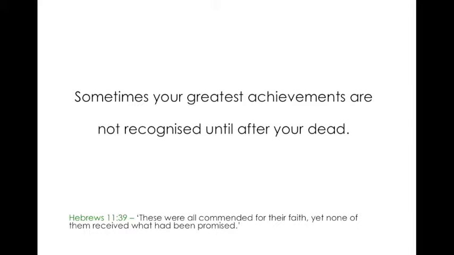Sometimes your greatest achievements are not recognized until after you're dead. It's a big thing even in science, and Hebrews 11:39 says, they were all commended for their faith, yet none of them had received what is promised. To understand that kind of big race that we are all running in the process.